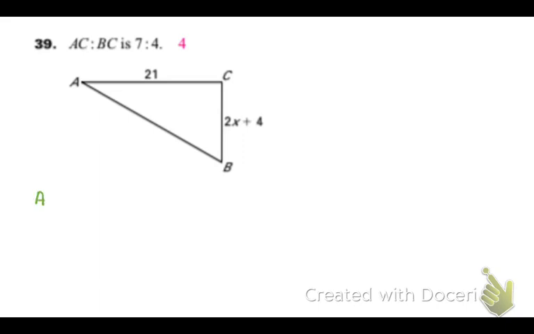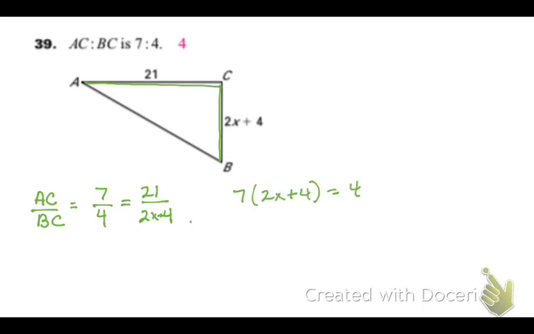So we have AC over BC is equal to 7 over 4. So here's my AC, here's my BC, is equal to 21 over 2x plus 4. So 7 times 2x plus 4 is equal to 4 times 21. 14x plus 28 is equal to, no, 84.